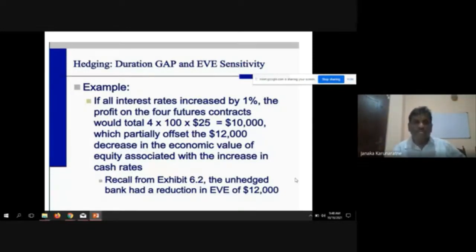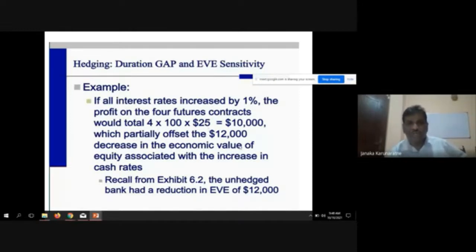So this is again a small example. If interest rate increases by 1%, the profit on 4 futures contracts, if you buy 4 futures contracts of 100 face value, is 4 into 100 into 25. Remember earlier we discussed one contract change is 25.